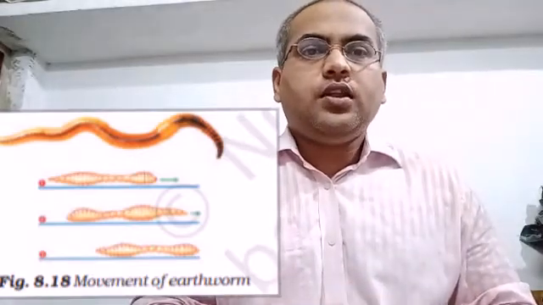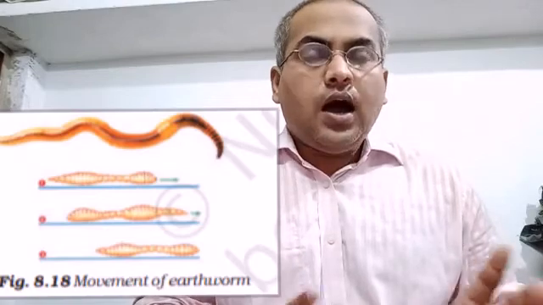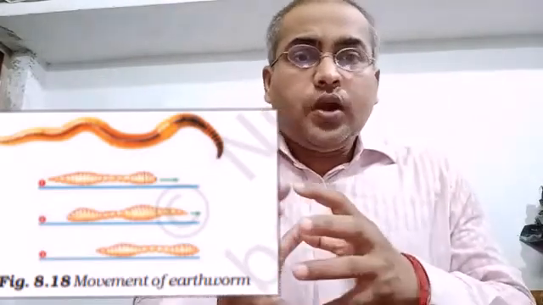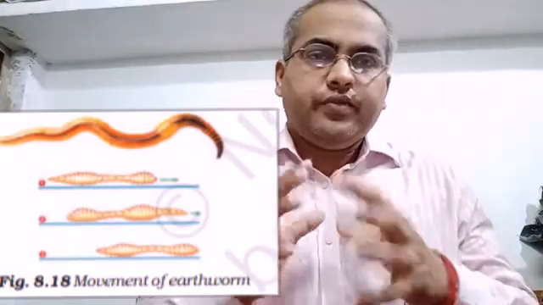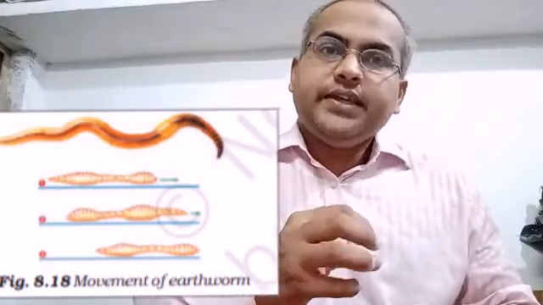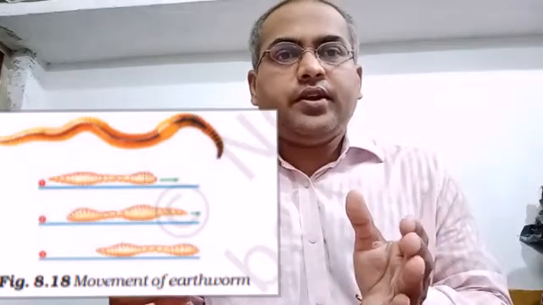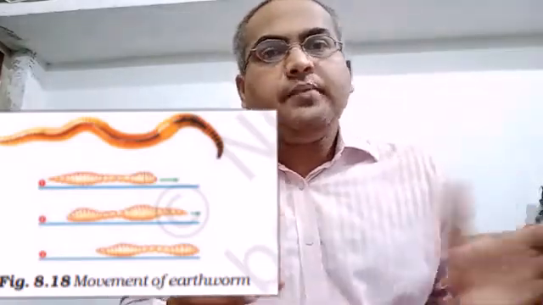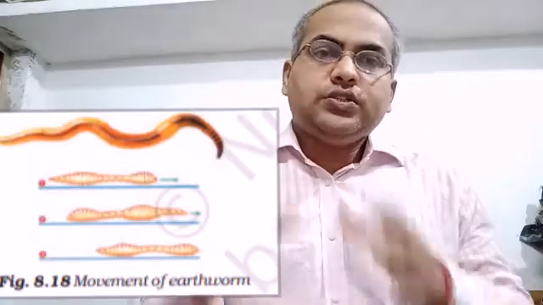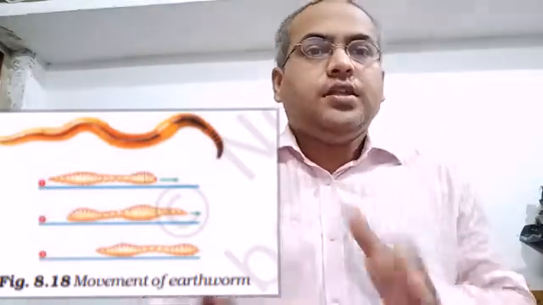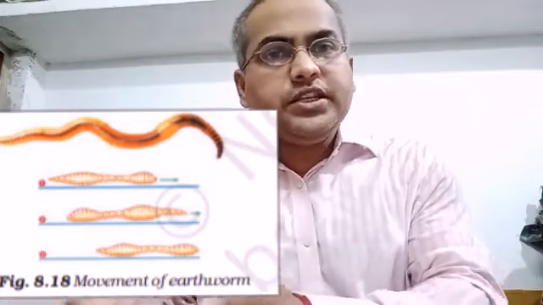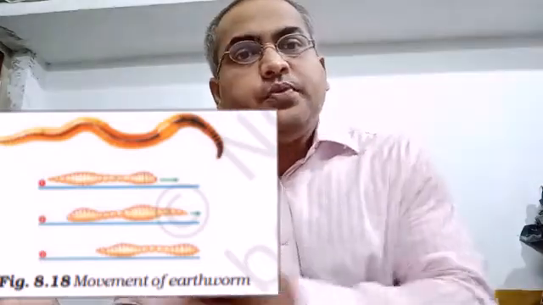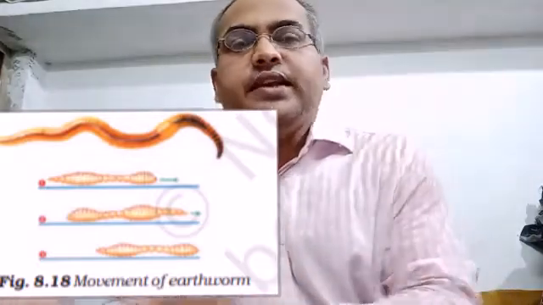So how does the earthworm move? First of all, observe that the earthworm contracts its body. The front part expands and the back side contracts. Again the front side contracts and the back side expands.